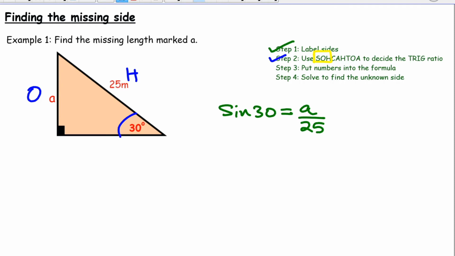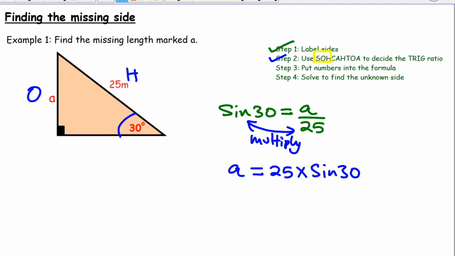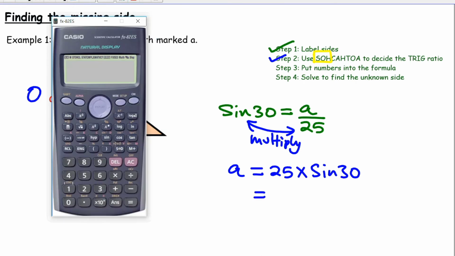Now, what's the opposite of dividing by 25? The opposite of dividing by 25 is multiplying. So A will be equal to 25 multiplied by sine 30. And what we just have to do here is plug this into the calculator.